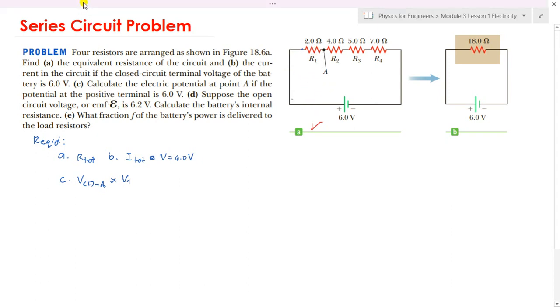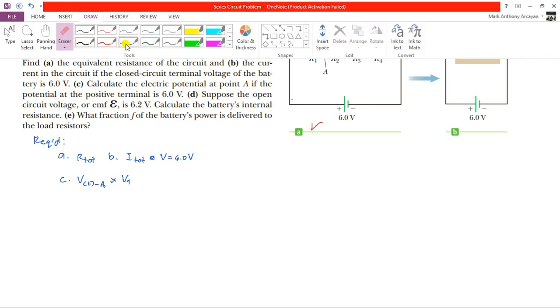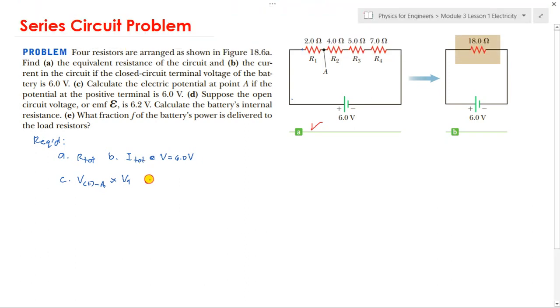And then next for letter D, suppose the open circuit voltage or EMF E is 6.2 volts. So meaning napatay laing gi-assume nga if natay, additional EMF ka 6.2 volts, then calculate the battery's internal resistance.